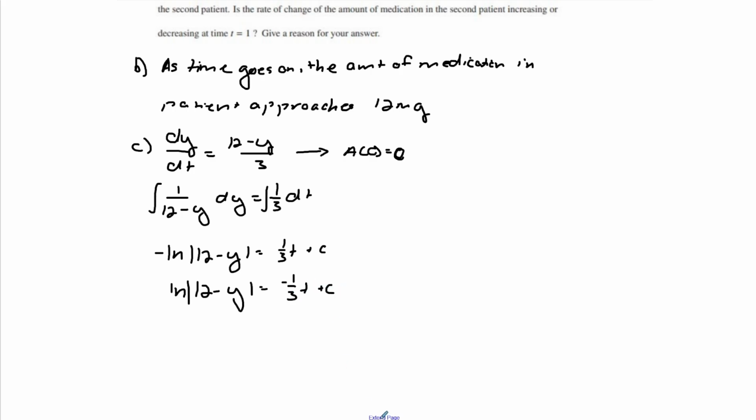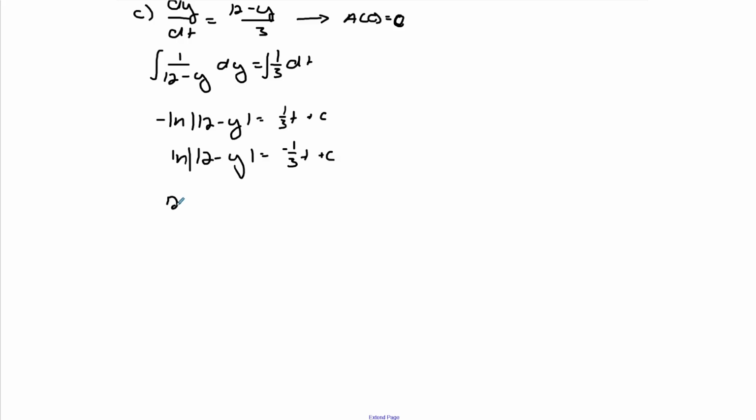And then I can now use my e. So I'm going to say 12 minus y equals e to the negative 1/3 t plus c, which is equal to c e to the negative 1/3 t. So then I can say that 12 minus c e to the negative 1/3 t equals y.